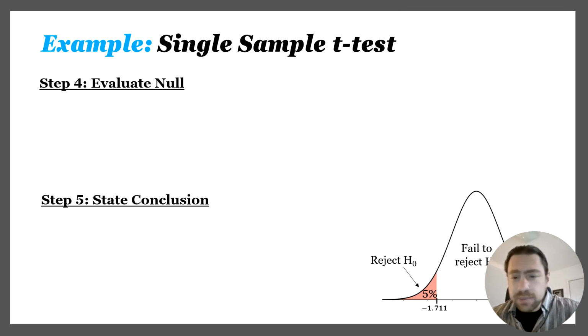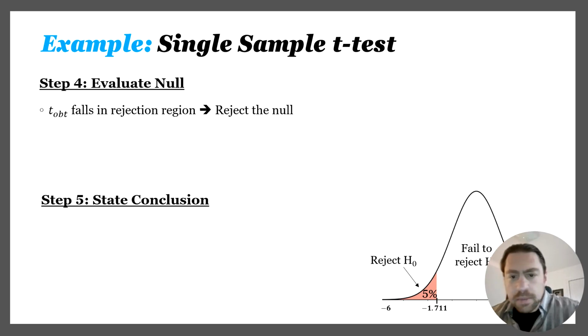All right, so then steps 4 and 5. Step 4 is to evaluate the null hypothesis by comparing our obtained t value, which was negative 6, to the critical value, which was negative 1.711. Our obtained t value clearly exceeds the critical value and makes it into this tail, into the rejection region, and therefore we can reject the null hypothesis.